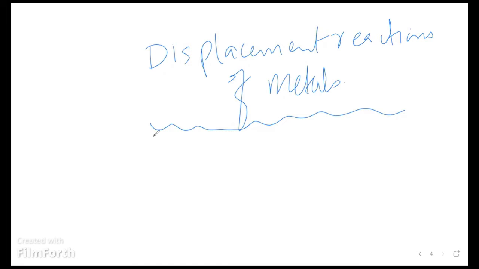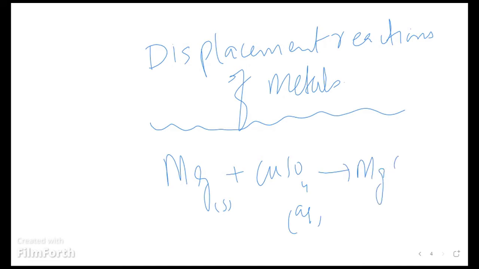You can see here, Miss Chandana. For example, you have Mg. Mg is a very reactive metal. If you add it to copper 2 sulfate solution, it will form MgSO4 plus Cu. Magnesium is displacing copper from its compound.